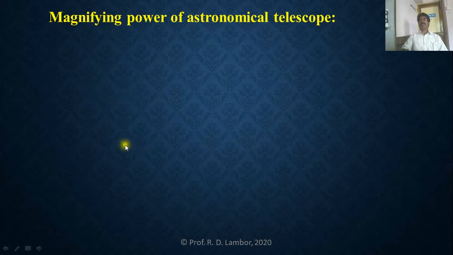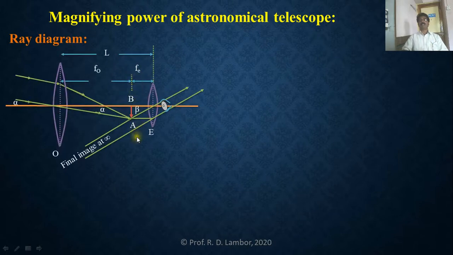So let us first learn a ray diagram, which explains the image formed by the astronomical telescope. See here. As we know, in a telescope there are two convex lenses, an objective lens of large focal length and an eyepiece of short focal length, fitted at the ends of a hollow cylindrical tube, and the distance between the two lenses can be adjusted.